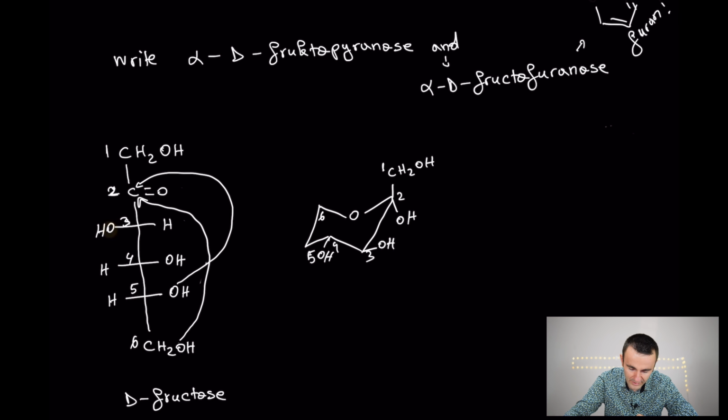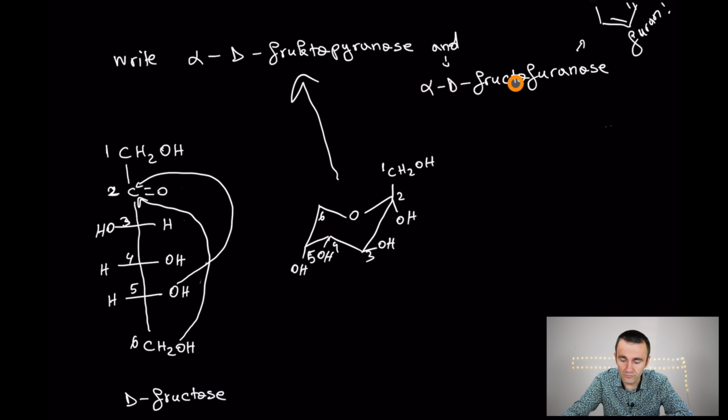Keep in mind, it has to be parallel, this line, with those two. Fifth position is going to be down, and what remains here, it remains this carbon with those two hydrogens, because here you have the connection, right? Okay, this is the alpha-D-fructopyranose.